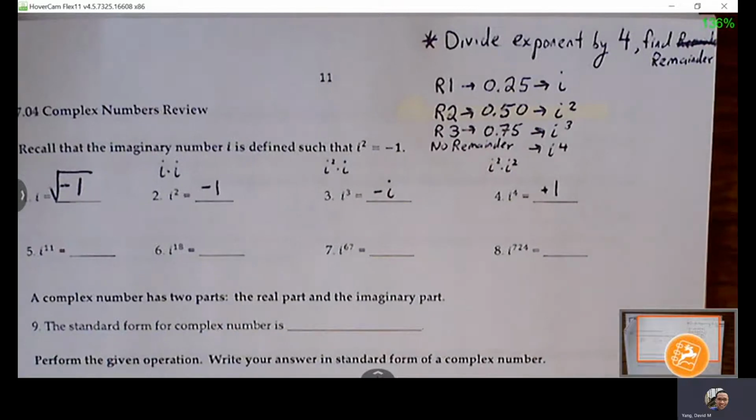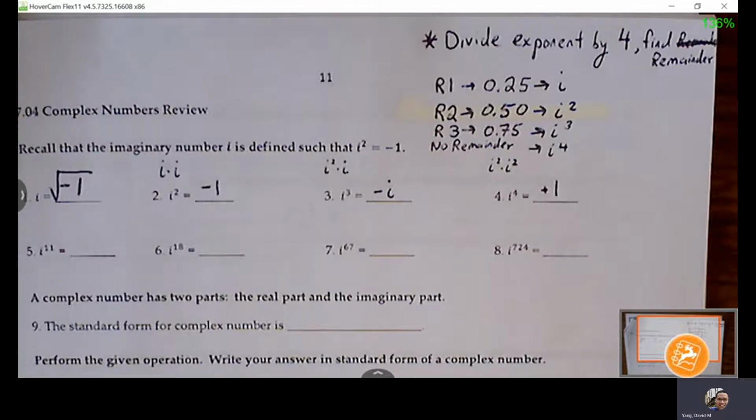So those are the only options as we continue to increase exponents. What I mean by that is i to the 5th power would go back to square root of -1. i to the 6th power would go back to -1. i to the 7th would be -i, and i to the 8th is 1.